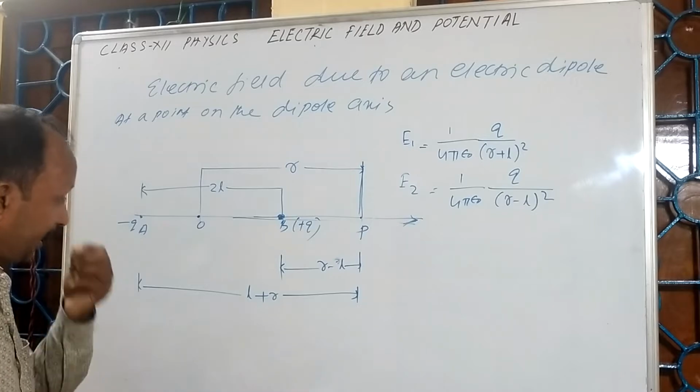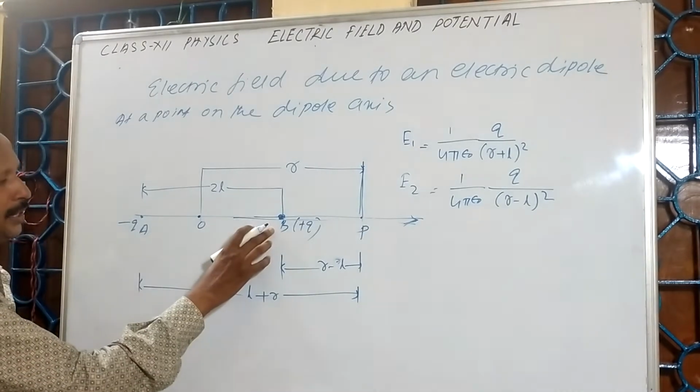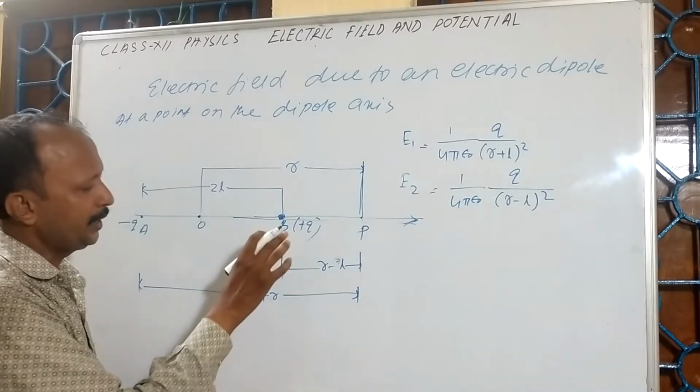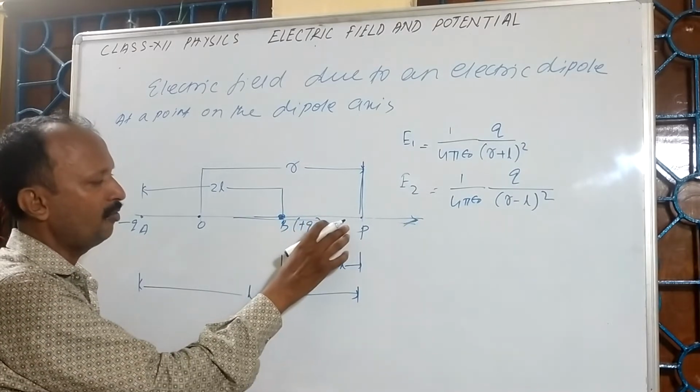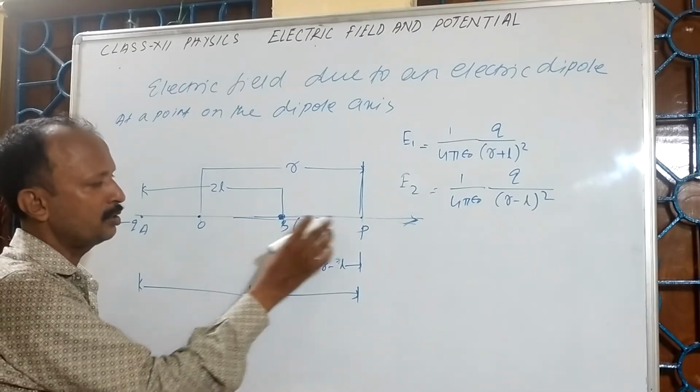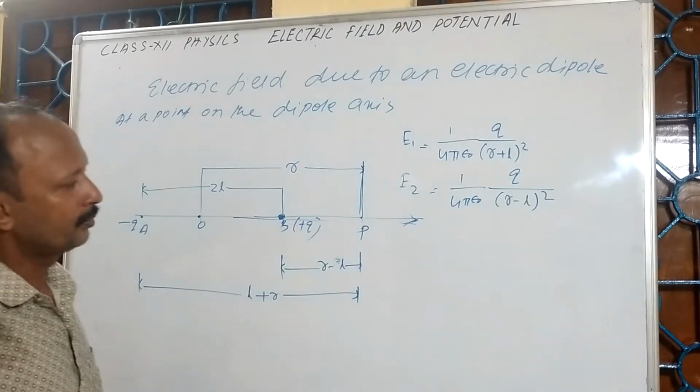Between E1 and E2, which one is the greater? Definitely E2, because E2 is the influence of the charge plus Q which is nearer to the point P.